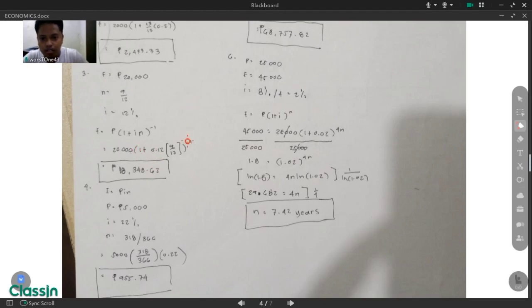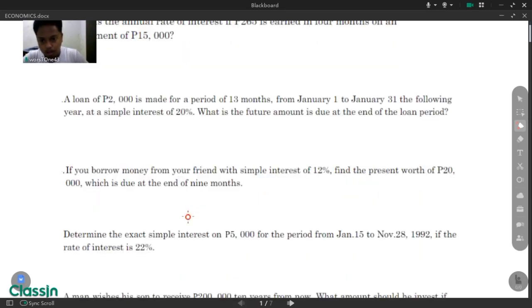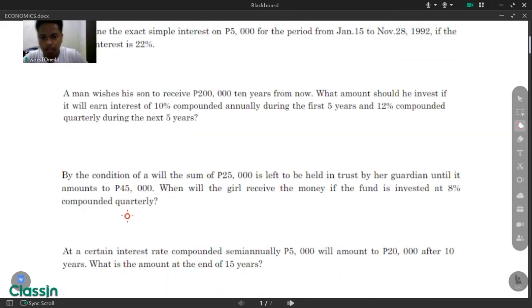Okay, next we'll go to item number 6. Going back again to the problem: by the condition of a will, the sum of 25,000 is left to be held in trust by her guardian until it amounts to 45,000.